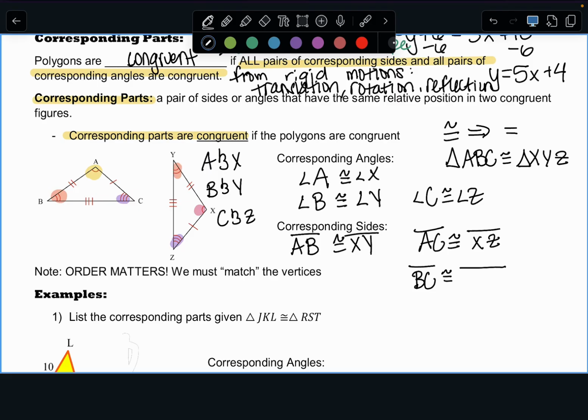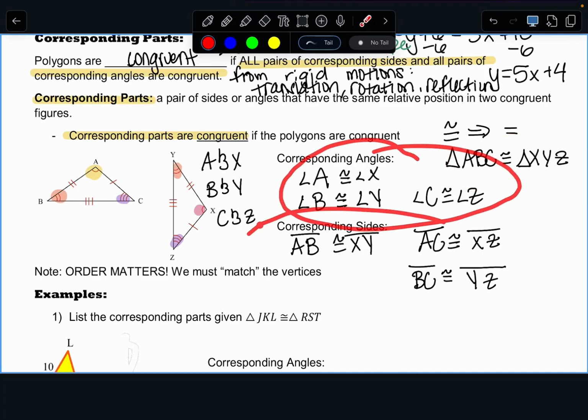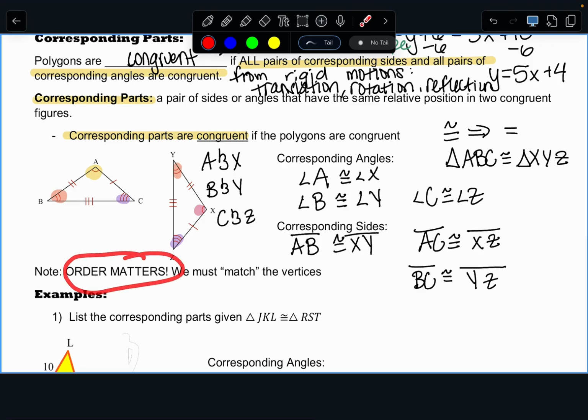BC goes with what? What letter goes with B? Y. What letter goes with C? Z. Okay. So from this one congruent statement, we get 6 other statements. 3 about angles, 3 about sides. Do we all see that? Okay. The order matters.